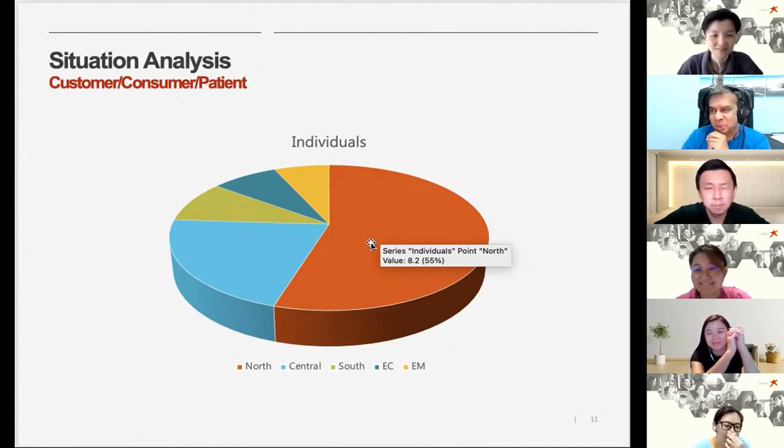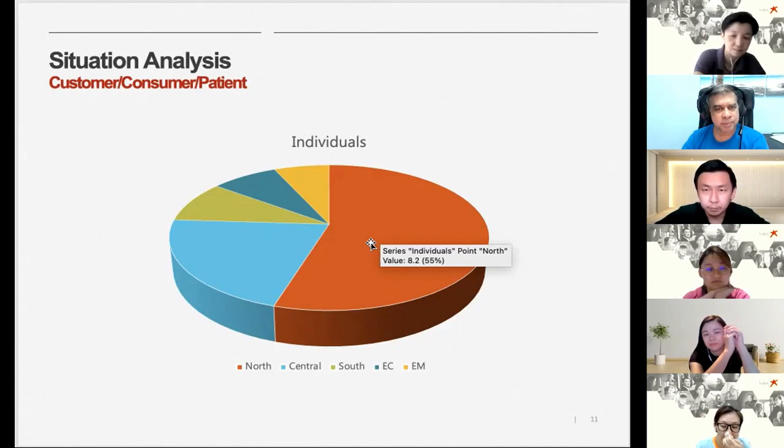So you will have to make some commentary. Why is that? You've got to put the story there. Why is 55% coming from the north, when normally what we see is 55% coming from the central area, right? So this is a bit weird, it's the other way around. All right. So yeah, good, Fiona. Good start with the story.